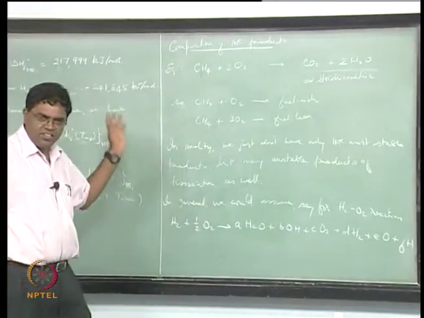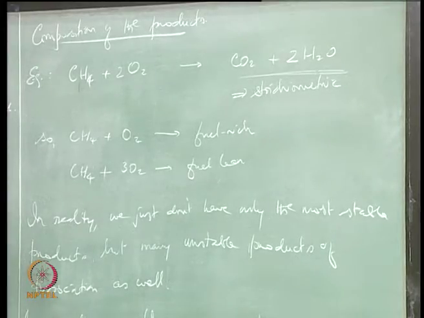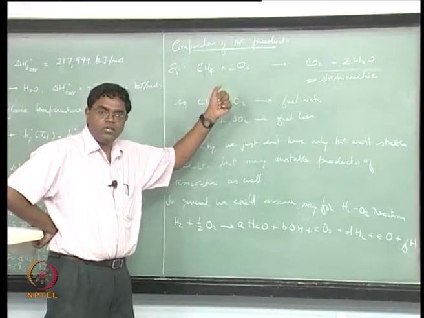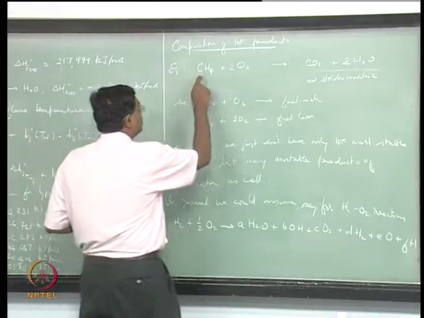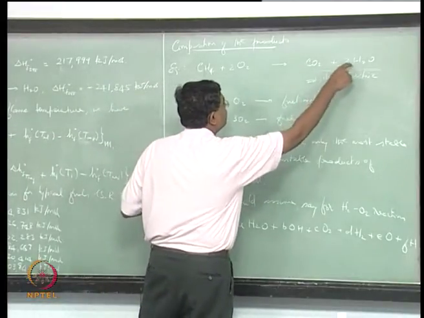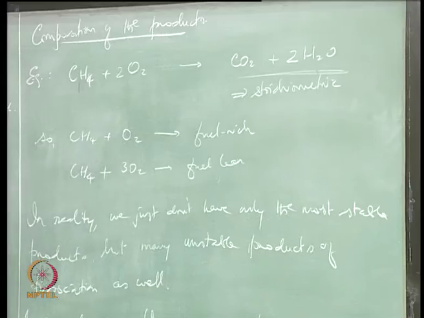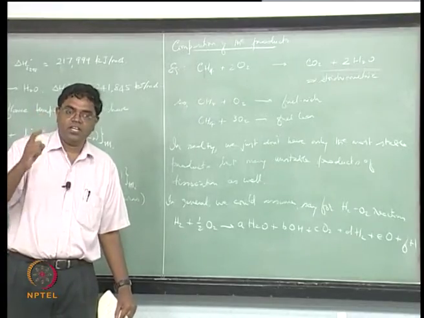By what's called balancing. What were we doing when we were balancing? We were counting the number of atoms of a particular type. I said I have 1 carbon atom here, 1 carbon atom here, 4 hydrogen atoms here, but only 2, therefore I put a 2 there, and so on. So I was essentially looking at a particular atom type and balancing the number of atoms.